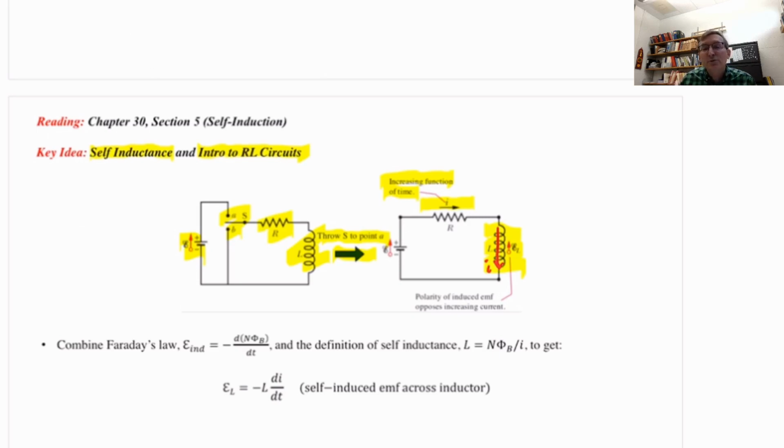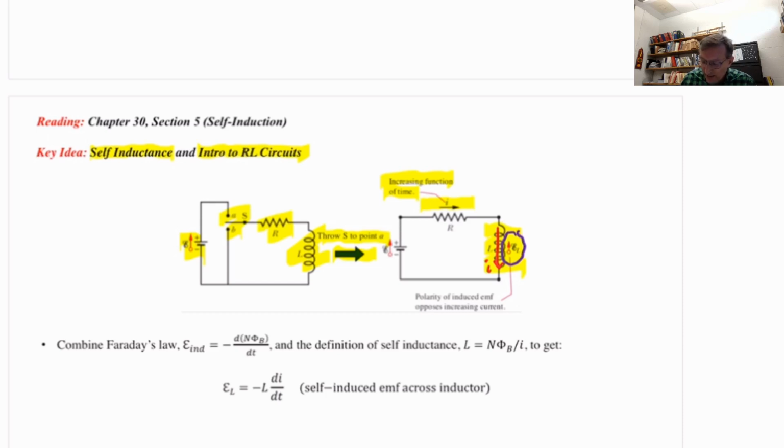which means I have an induced EMF across the inductor. And the induced EMF wants to oppose the change. Faraday's law, Lenz's law. So that induced EMF, which we're now going to label curly E sub L, because it comes from an inductor, notice its polarity. See it right there? See the arrow pointing up?